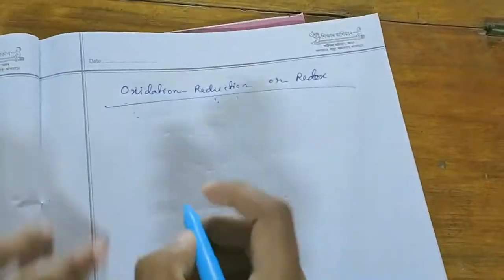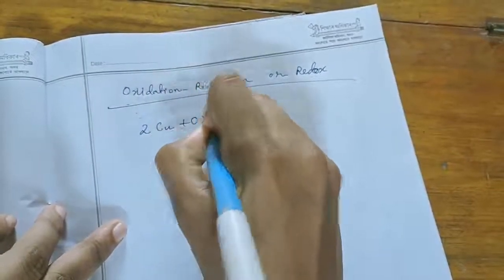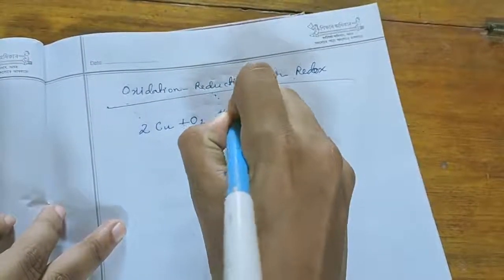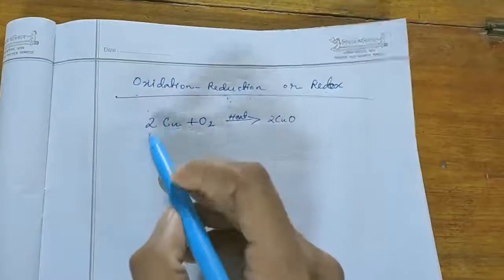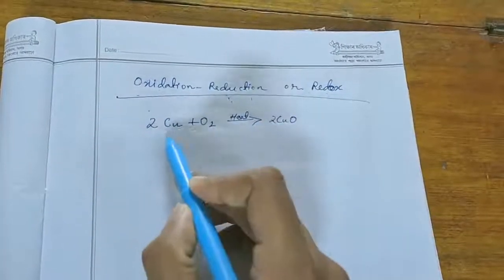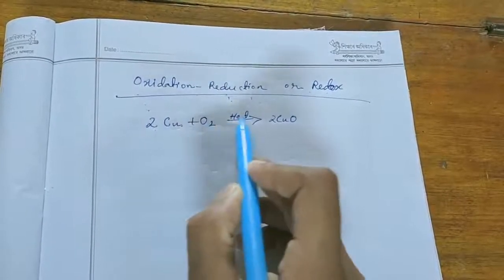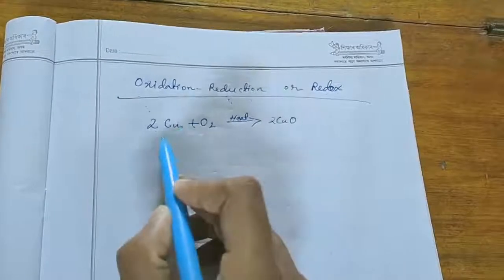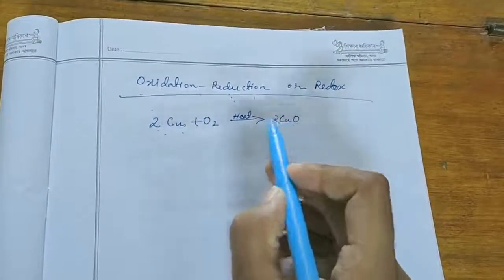For example, 2Cu plus O2. Here when we provide oxygen to copper, it becomes copper oxide.